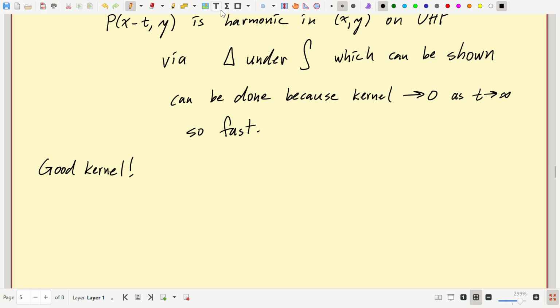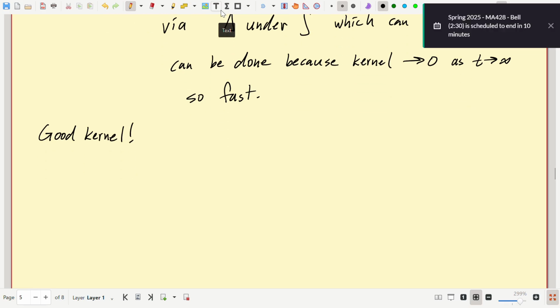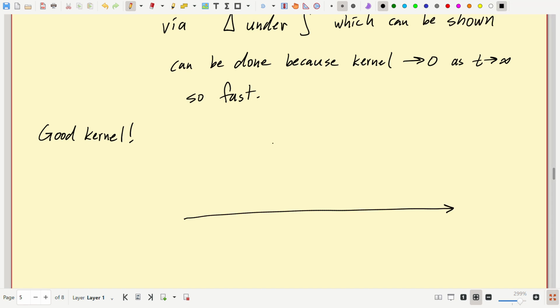Okay, and that's the key to showing that I have the right answer here. Here's what I would do. Let's see, here's a graph. Here's my x. When y is kind of big, it's a bump.